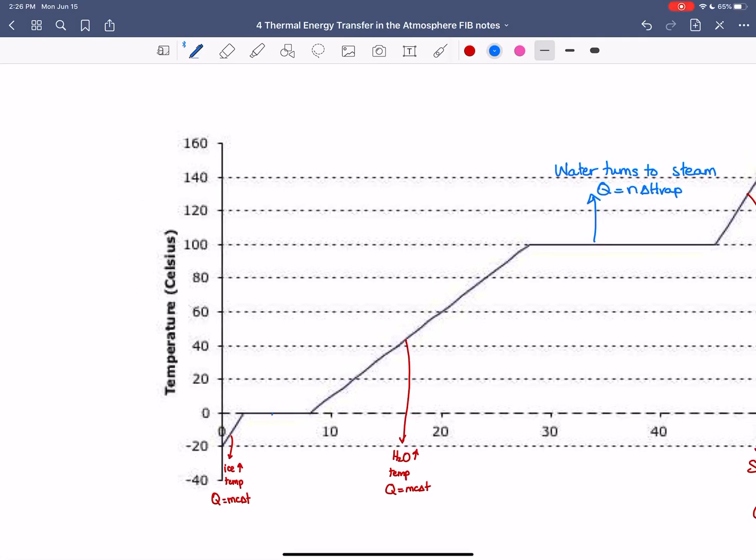And here I have my ice turning to water. And so again, I would have Q equal to n ΔH fus this time. And so that's how those formulas are going to work.